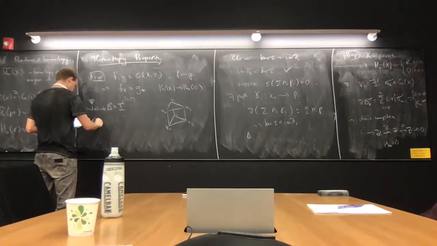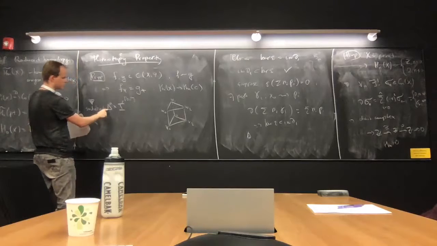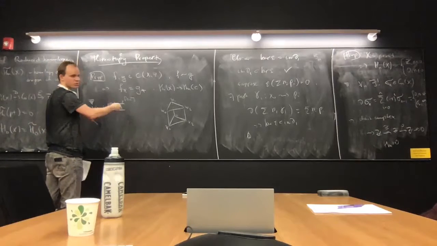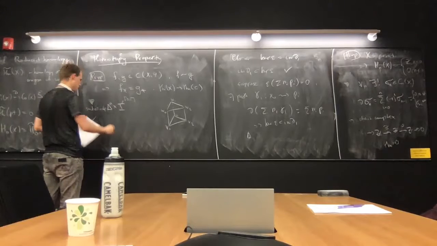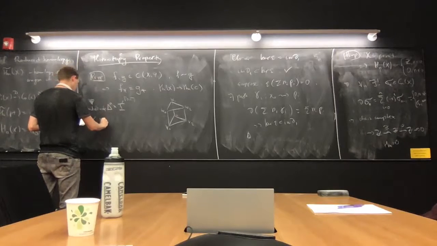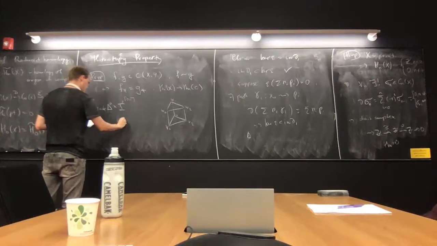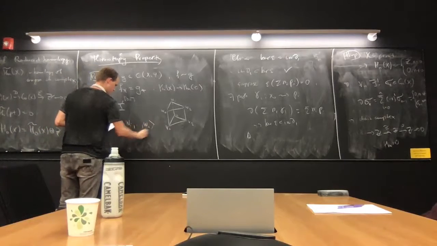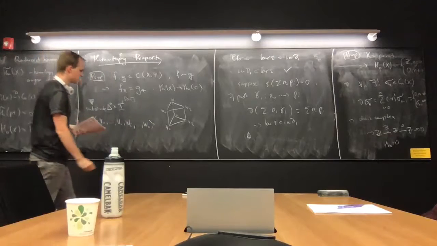Let's look at these n+1 simplices. This is an n+1 dimensional object, so we want to subdivide it into n+1 simplices. The way you can do it is V0, etc. to Vi, then Wi, and then etc. through Wn.